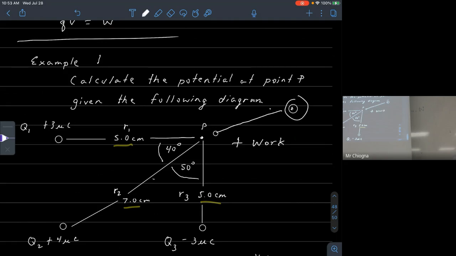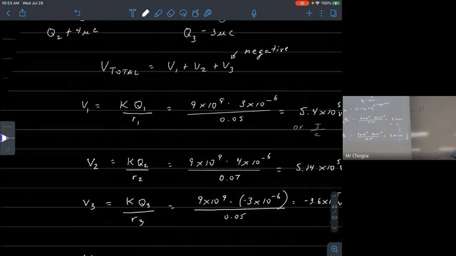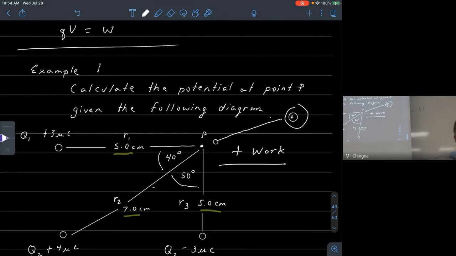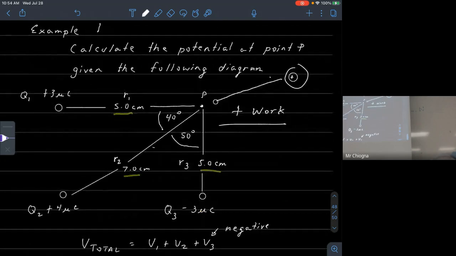You'd have to exert a force to get it to move to point P. If V total ended up being negative, you could just let the proton go and it would float towards point P. Kind of like letting a brick go. It would fall. That's what it means.